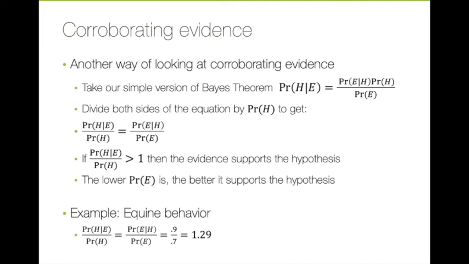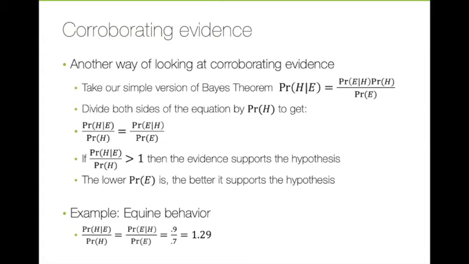So again, we have the probability of H given E over the probability of H, the posterior over the prior, on the left side, and then we have the likelihood over the chance that the evidence is true on the right-hand side. That's the probability of E given H over the probability of E. To show that the evidence supports the hypothesis, we should see that the probability of H given E over the probability of H is greater than 1.